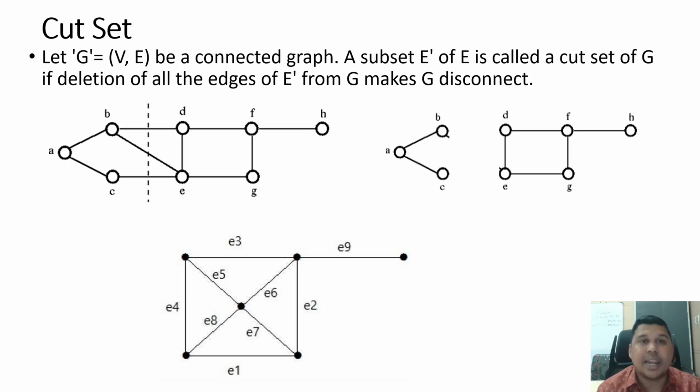In similar lines, there is something called a cut set. What is a cut set? Same as a cut vertex, a cut set means removal of certain edges from the graph makes the graph disconnected. In this example, we are trying to remove the edges BD, BE, and CE.